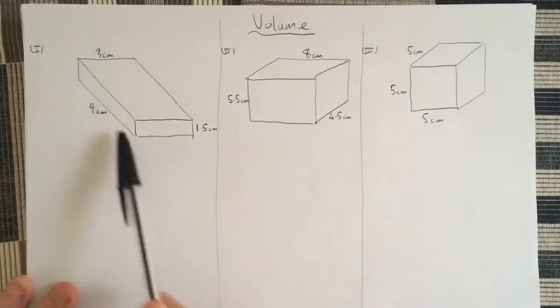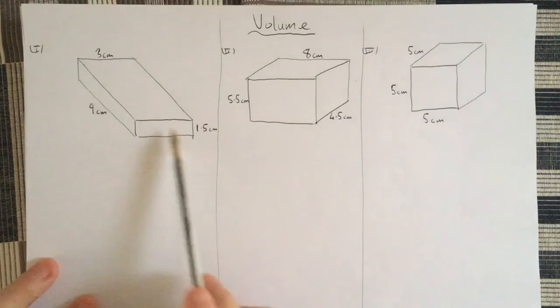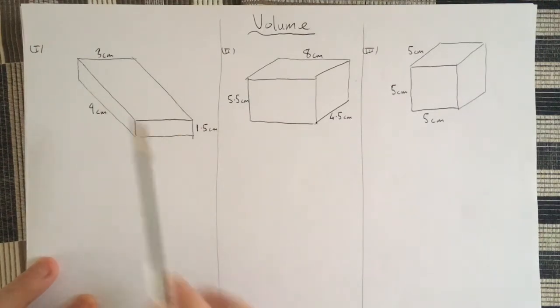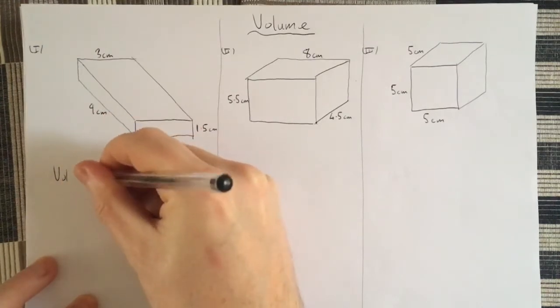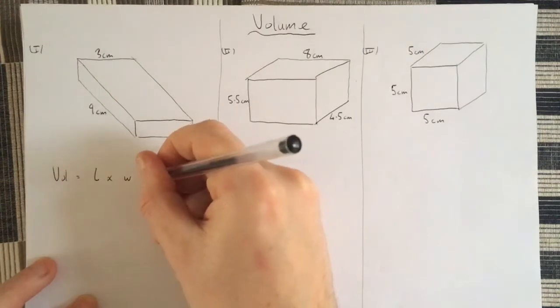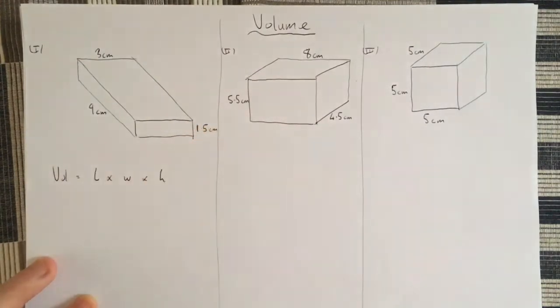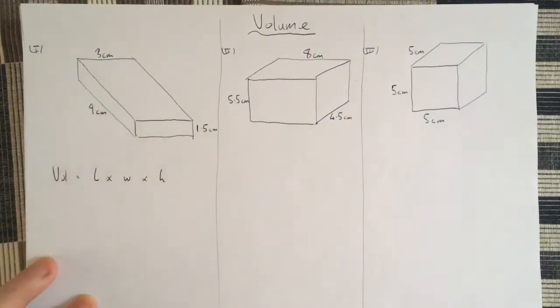So we're just going to multiply those 3 dimensions together to get the volume. For this shape here, I'm doing the 3 examples which are in your book, so you can see these examples done out in full in your book as well. The formula is the length multiplied by the width multiplied by the height. It doesn't matter which one you call length, width, and height. There's 3 dimensions here, and you are multiplying them by each other.